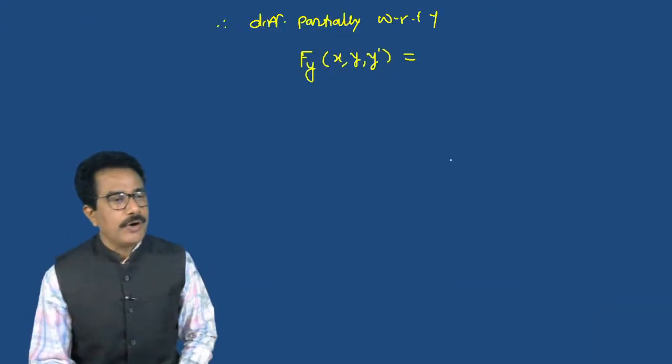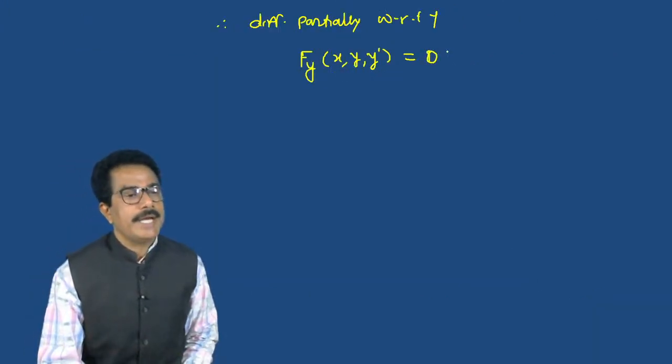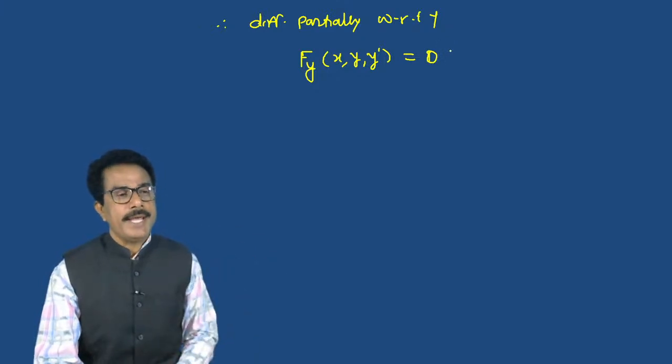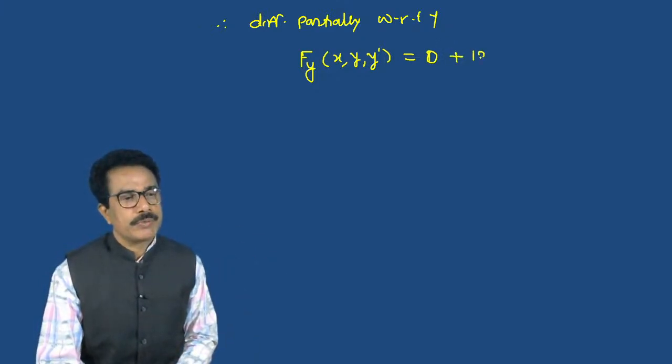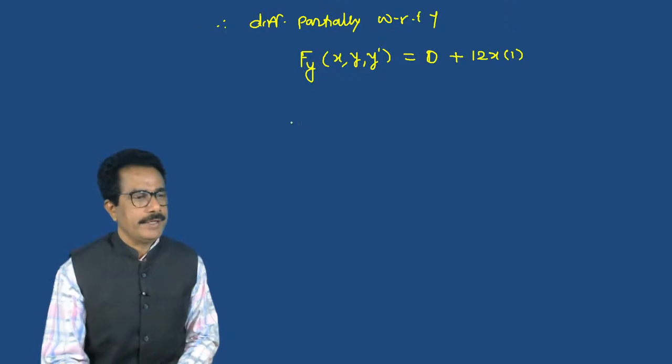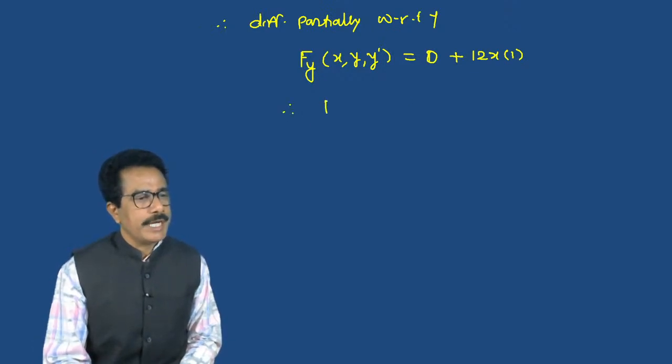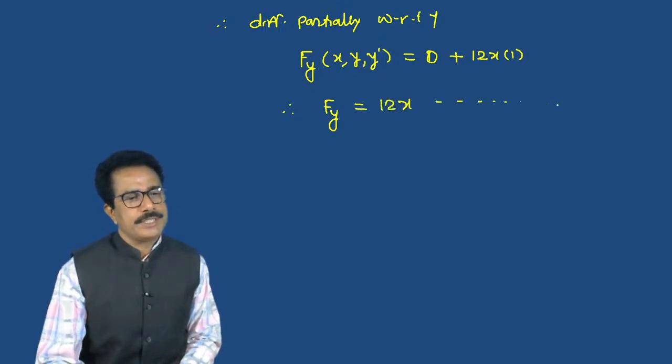The derivative of y dash square with respect to y is 0, plus 12x into the derivative of y, which is 1. So f suffix y equals 12x. Suppose this is equation 3.